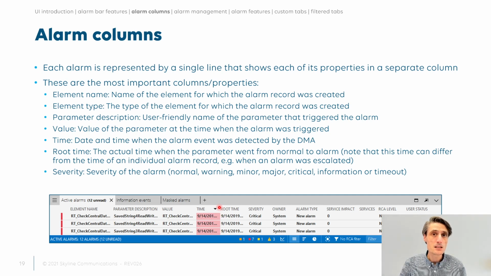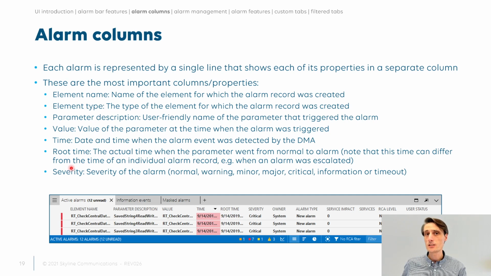That basically means that the time of the alarm will be 9 o'clock for the critical and the root time will be 8 o'clock because it originally started as a warning at 8 o'clock. So over time, an alarm can have multiple changes and you will always find back the root time, the originating time when the alarm was first happening.